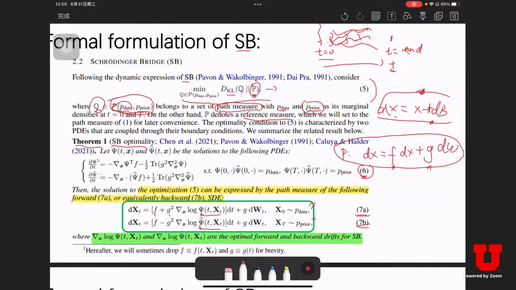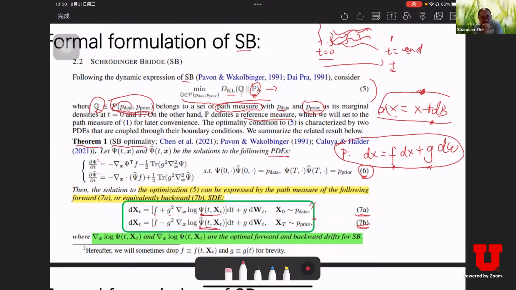So any questions about this one? Here we want to give exactly the form of the optimal SDE as the solution of the Schrodinger bridge, which will be 7A and 7B. And in 7A and 7B there is a term called phi. How exactly do we get phi? We have to solve another coupled PDE, equation 6.